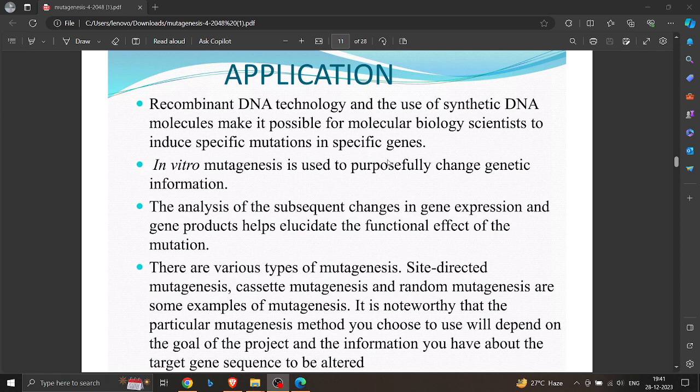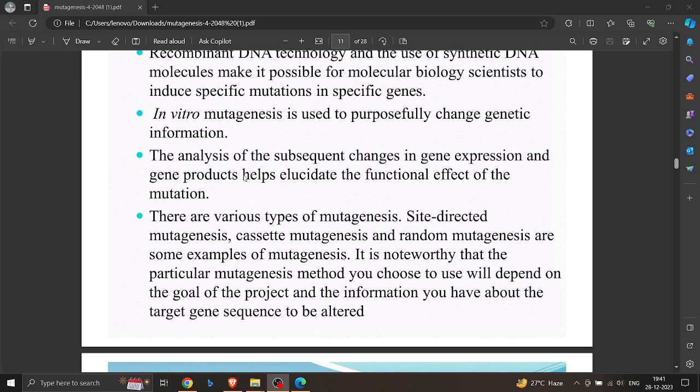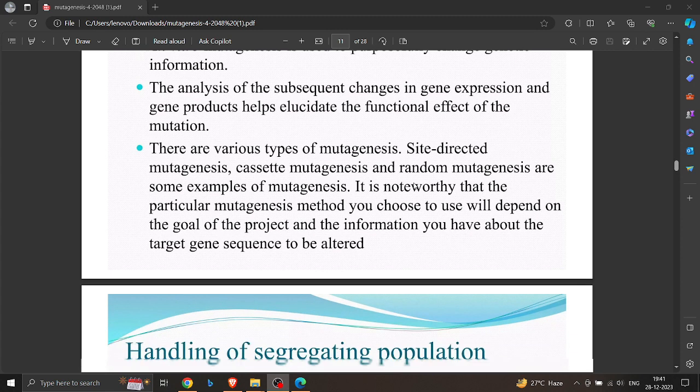In vitro mutagenesis is used purposefully to change genetic information, and also in the analysis of gene expression, which helps to elucidate or isolate any functional effect of the mutation.